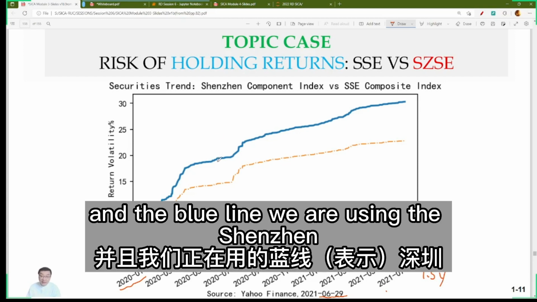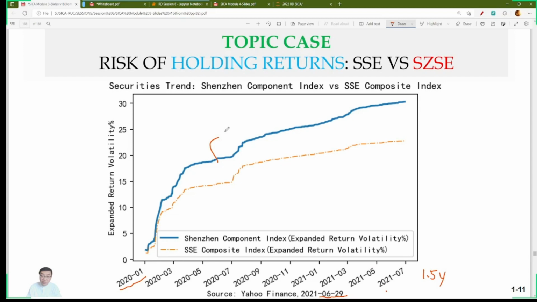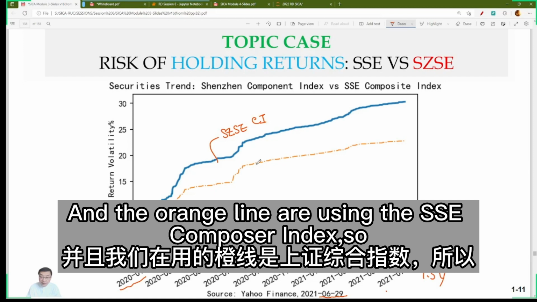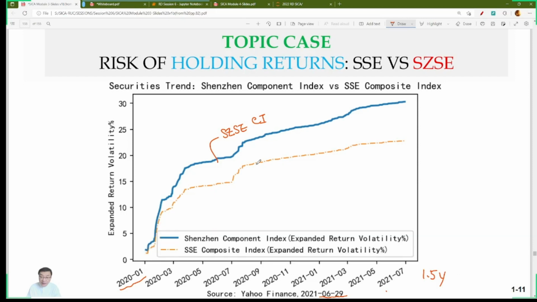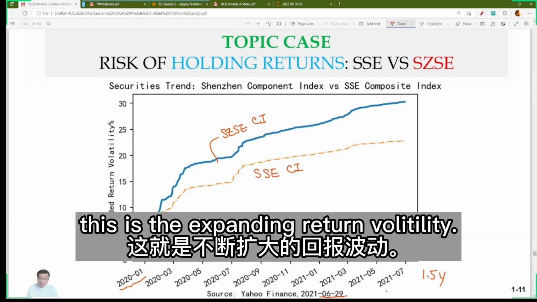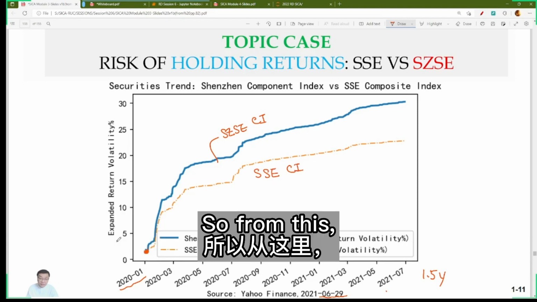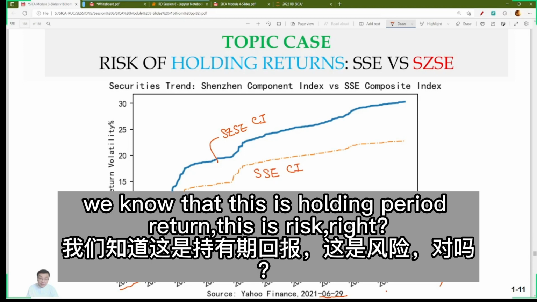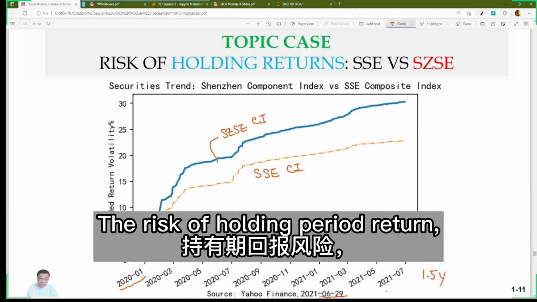The blue lines are the Shenzhen Component Index, and the orange lines are the SSE Composite Index. So this is the expanded return volatility. This is holding period return. This is risk, the risk of holding period return.